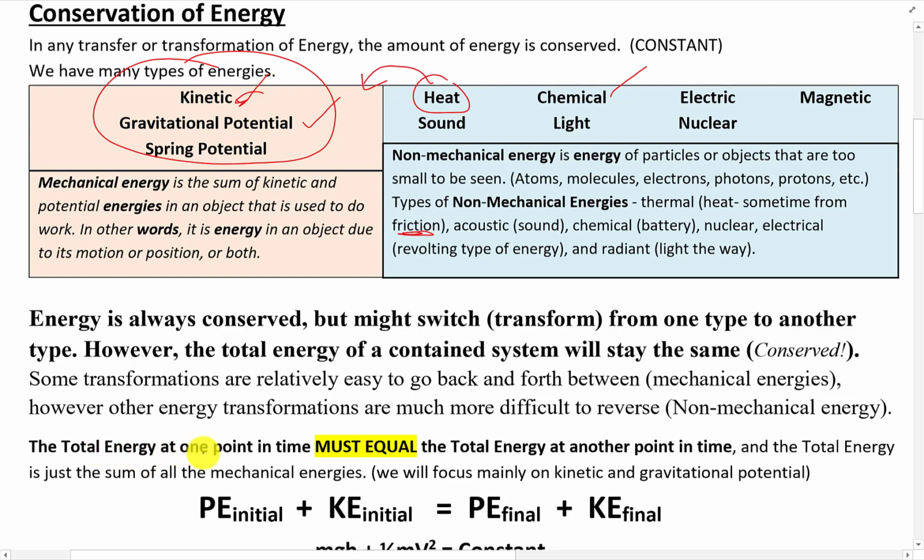The total energy at one point must equal the total energy at another point. And the total energy is just the sum of these kinetic energies. It could even be heat energy. So at one point, the potential plus the kinetic, maybe at the beginning, has to equal what the potential and kinetic are at the end.